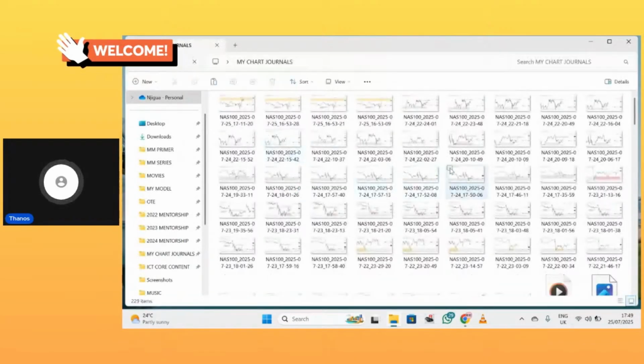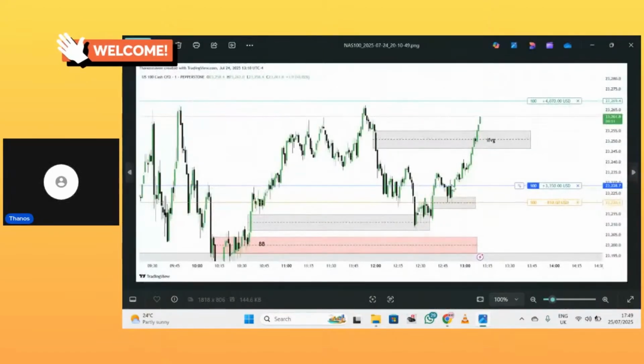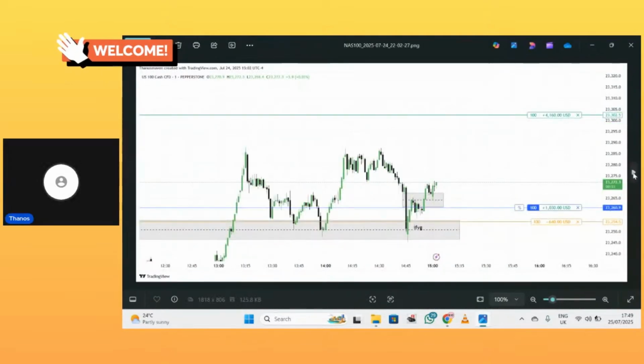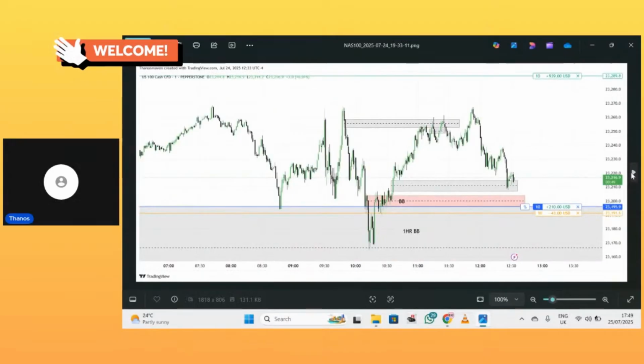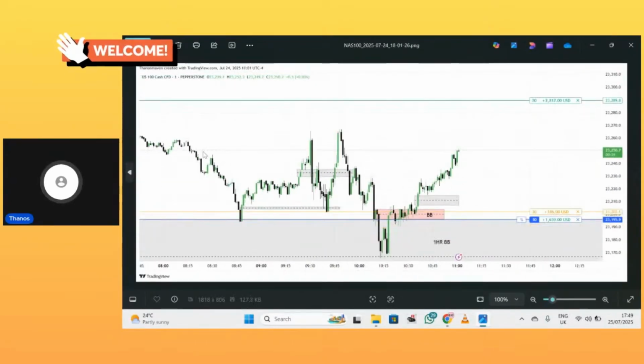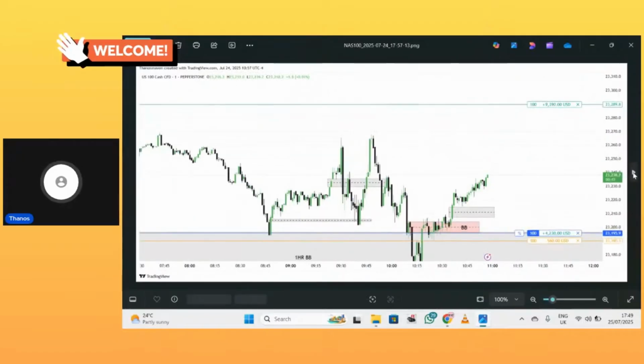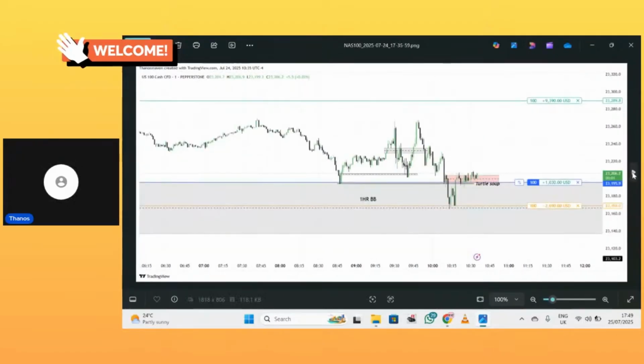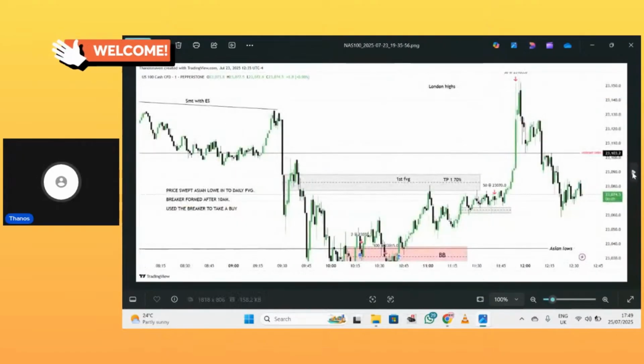There are trades that I usually take before 9:30. I don't know if I'll find them. This is yesterday's PM session trade. Let me see. This is yesterday. I want to show you a trade that I took before 9:30.